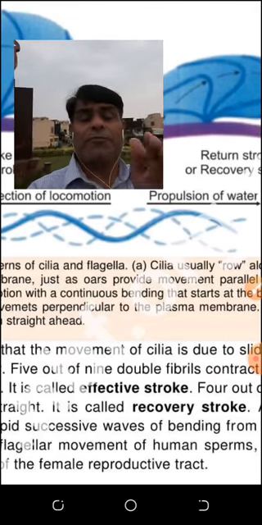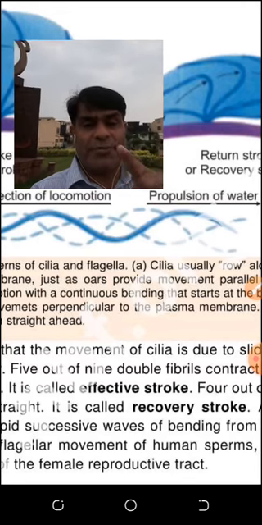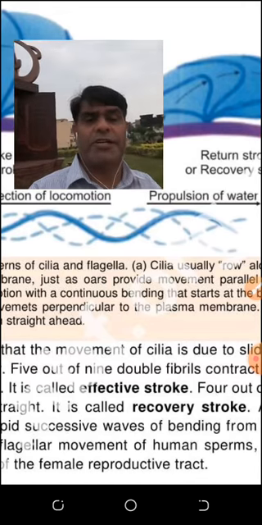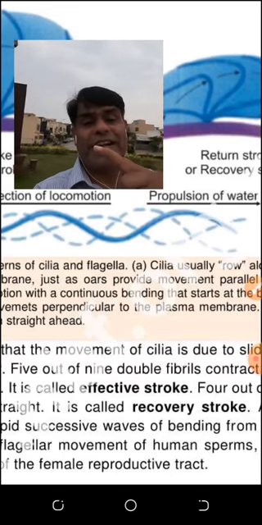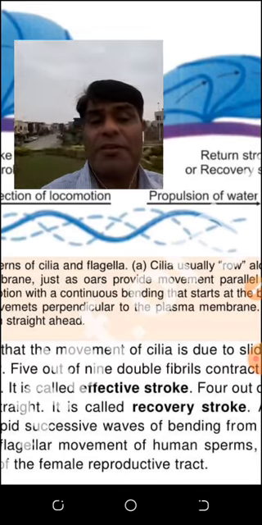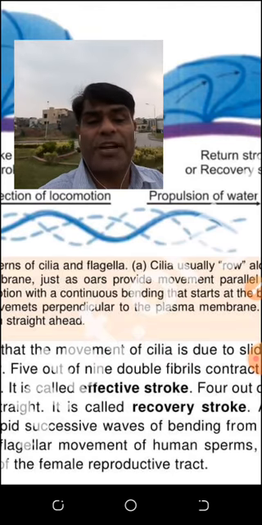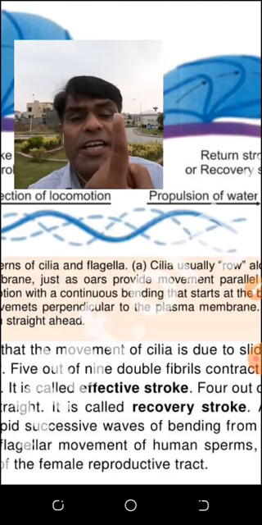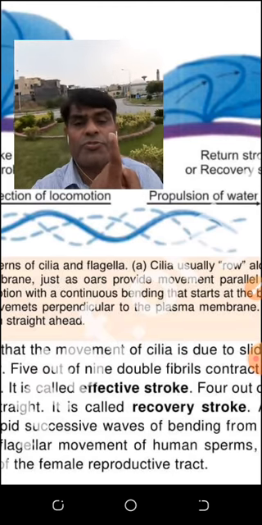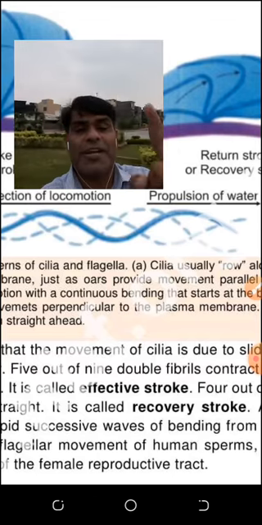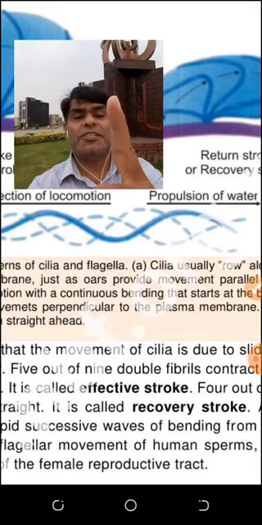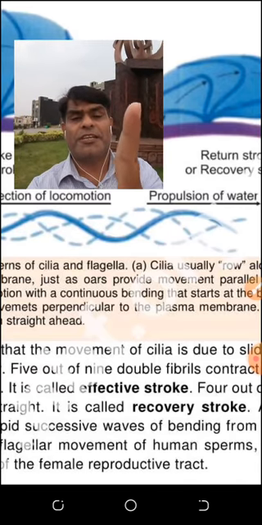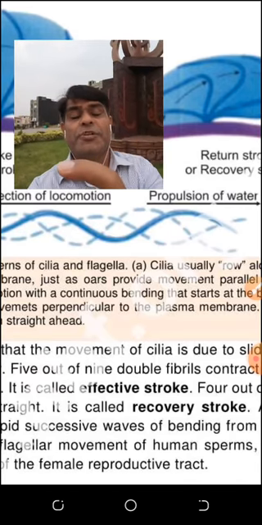When the first 5 fibrils contract due to the force exerted by the dynein arms, the cilia will contract. The question is, sir, when the first 5 fibrils contract, does the whole cilium contract? The cilium is one structure, it is just the axoneme. It is very simple if I explain with my finger: when a single cilium bends, my finger bends, it means the first fibers.